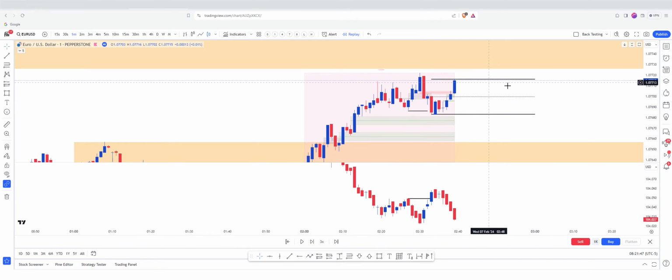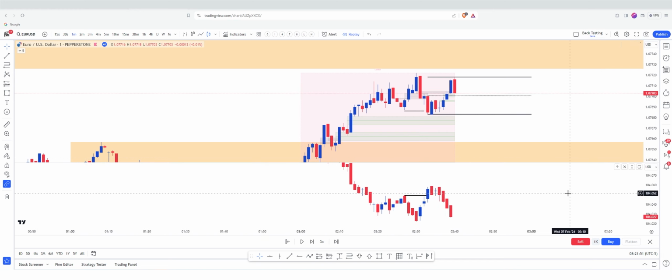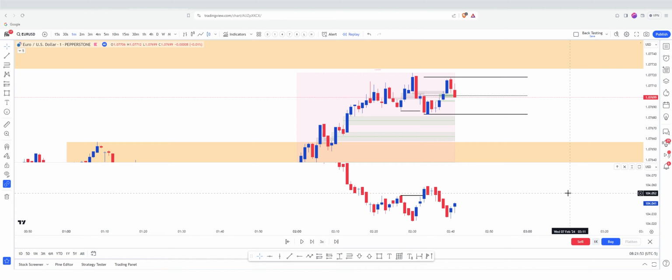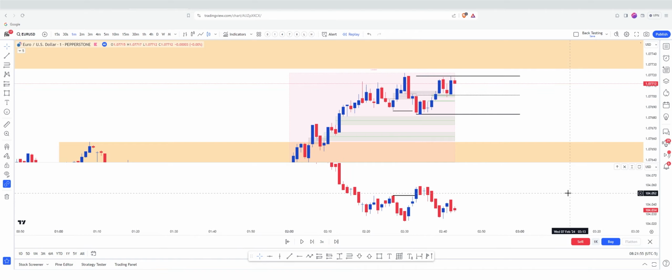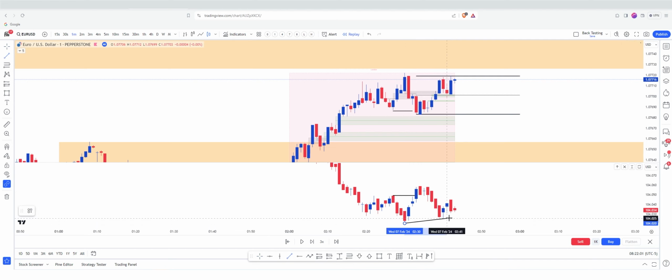So we're taking another run at this high. So I'm watching this. The Dixie has not taken the low yet, and the euro has not taken the high. We are looking for bullish SMT.